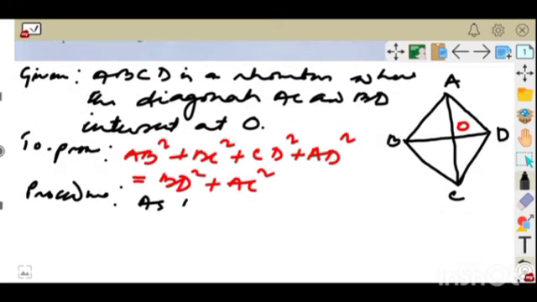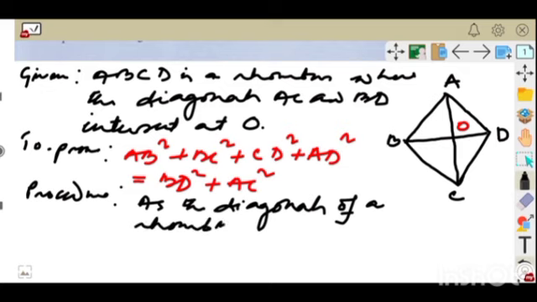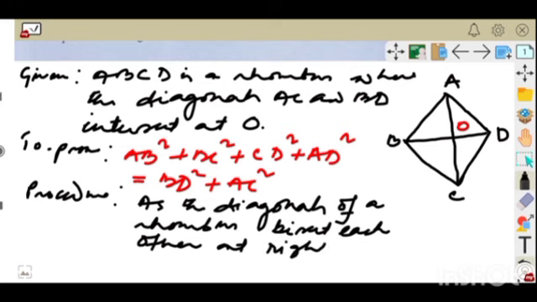As the diagonals of a rhombus bisect each other at right angles, what we can say?